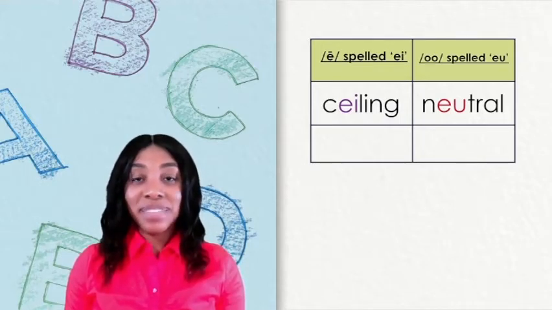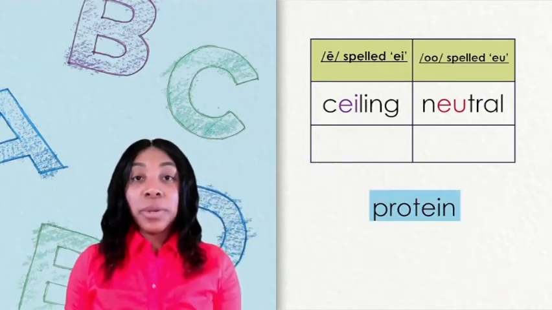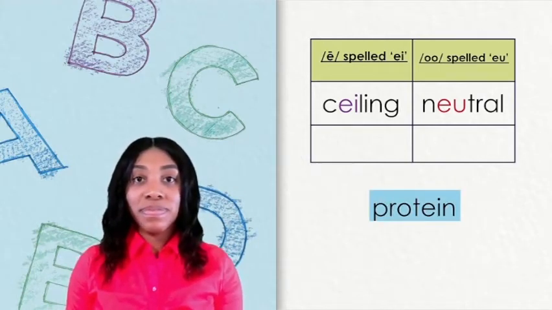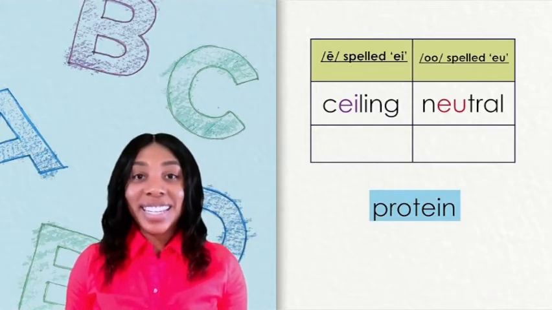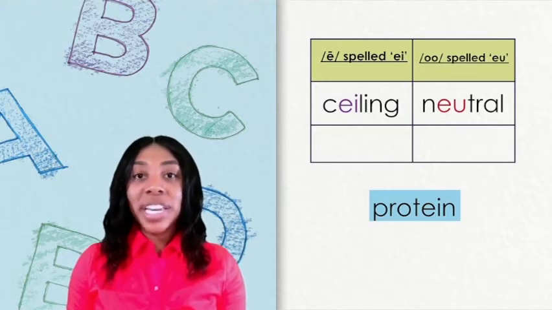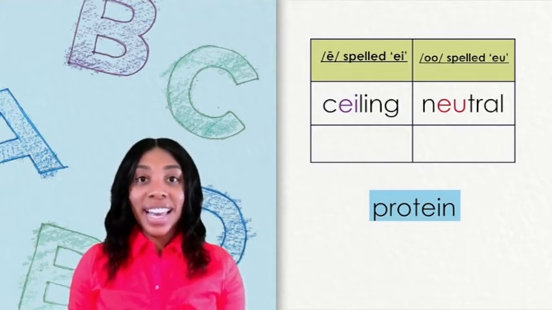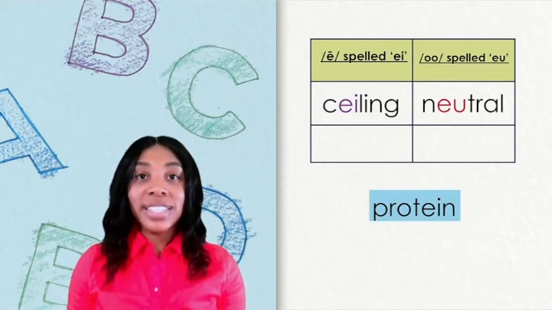Here's the next word. How would we pronounce this word? Protein. All right, let's look at the second syllable in protein. T-E-N. We hear the E sound again, and it is spelled with the letters E-I. Go ahead and write down the word protein.